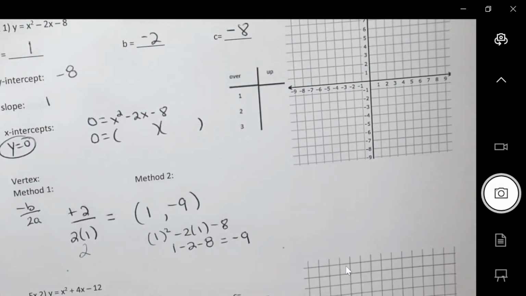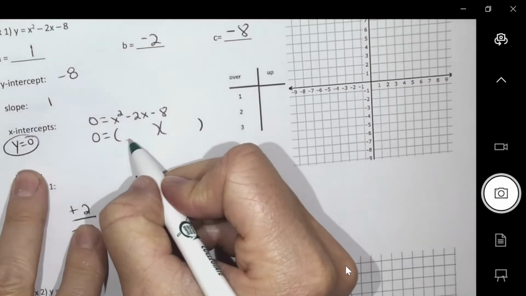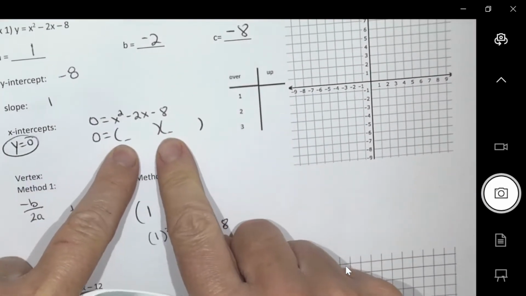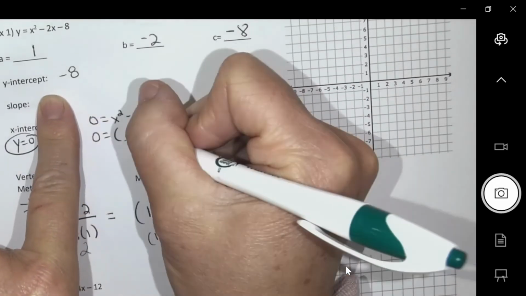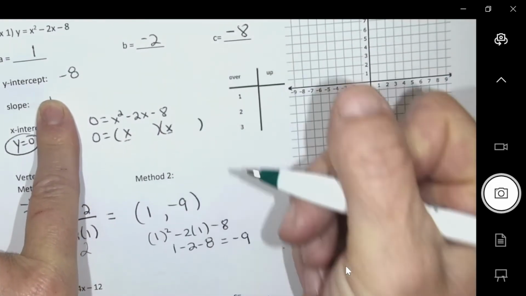Factoring is you taking that foiling process. You've probably heard that word before, foiling, and working backwards. FOIL says the first times the first has to make that: x times x.